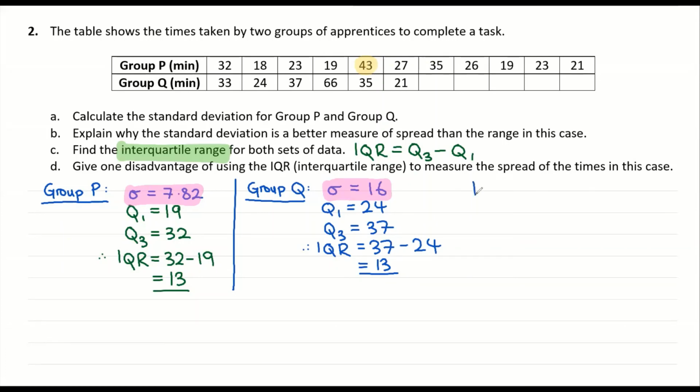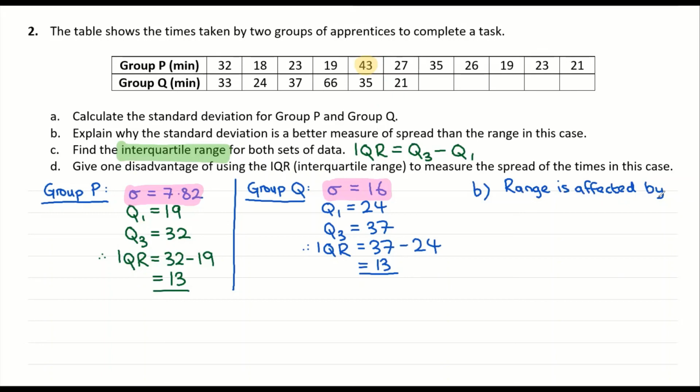So we'd have to write that down. That's the main disadvantage. Yes, it's easy to calculate, but if you have really large values and really small values, but the rest of the values are all kind of close together, the range won't pick that up.